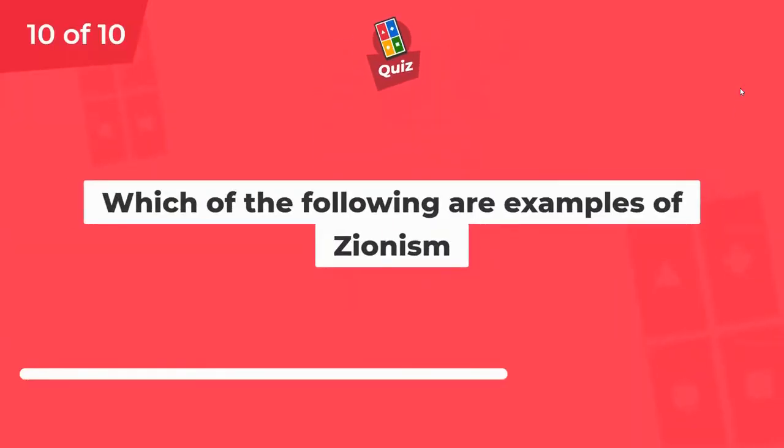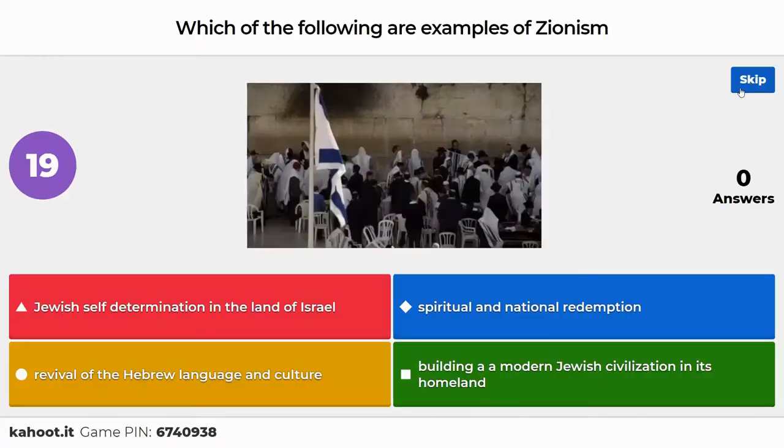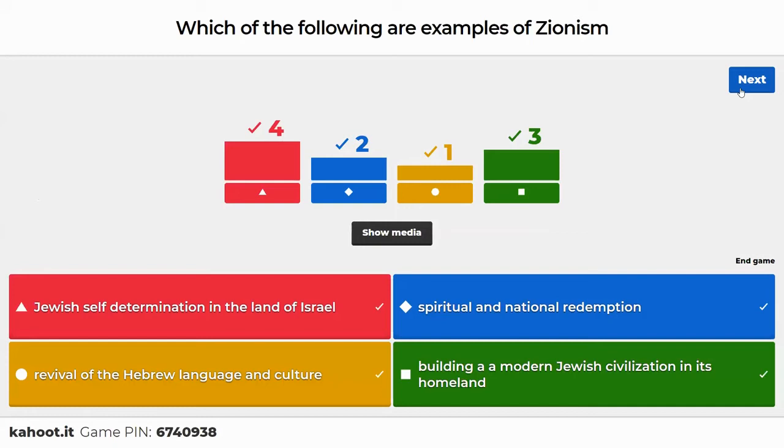Which of the following are examples of Zionism? So we have actually the right answer.